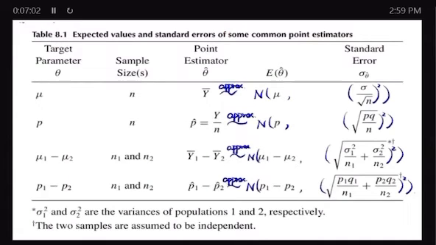They are all approximately normal, but they were not normal initially. Something was done for them to be normal. Whether it's the sample mean, sample proportion, difference of means, or difference of proportions, they are all approximately normal. It means the central limit theorem applies when the sample size is large. Take a look at that.